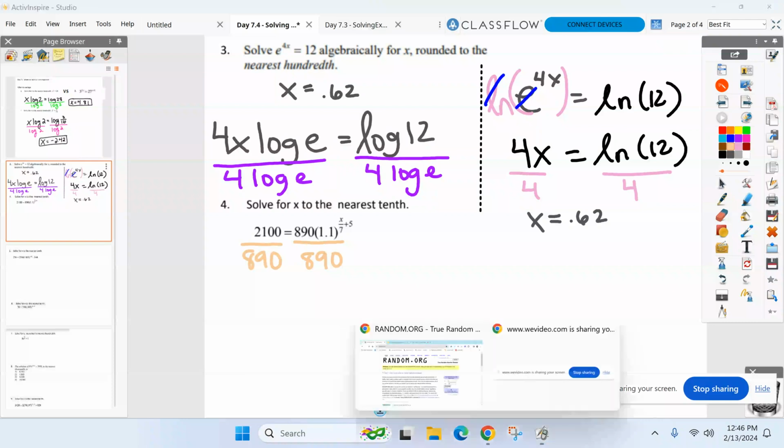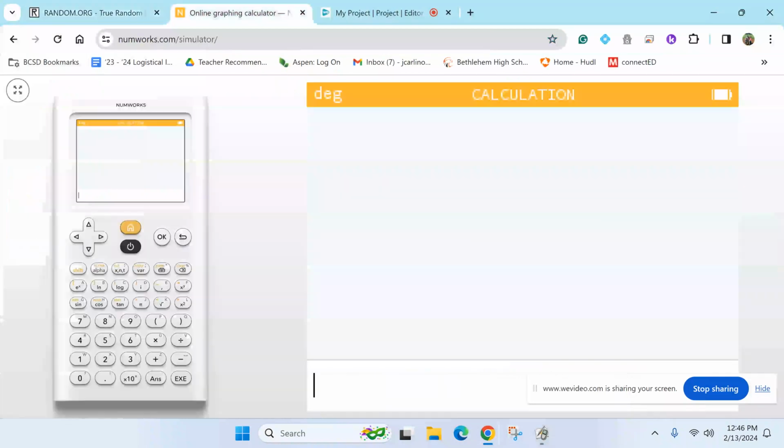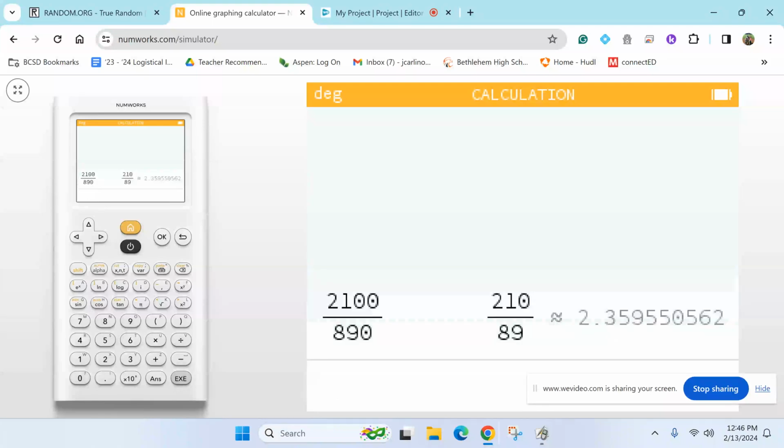What's your calculator give you here so we can talk what to write? 2100 divided by 890. Oh, I don't know about you, I'm not a big fan of writing all that out, because if you're not rounding it, that's for darn sure you're not rounding it on your own. So either A, you write it all out, or B, you take 210 over 89 and write that instead.